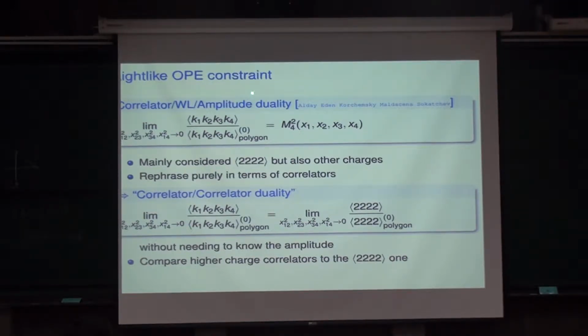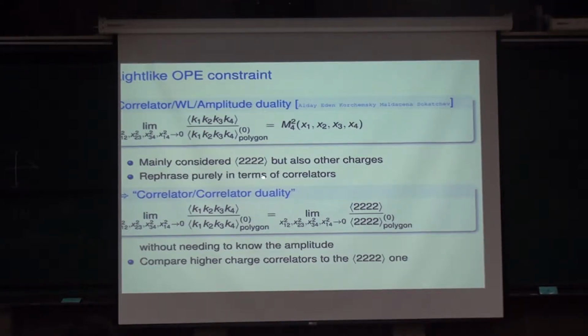The relation between correlators and amplitudes, or more accurately Wilson loops and amplitudes, says that in a polygonal light-like limit, this combination of correlation functions gives you the amplitude squared. We've considered this in the 2222 case, but we could also consider it here.